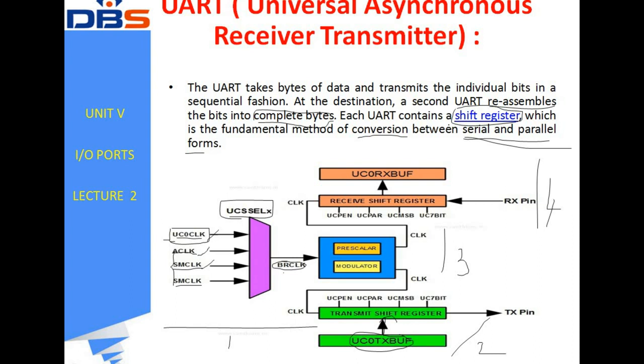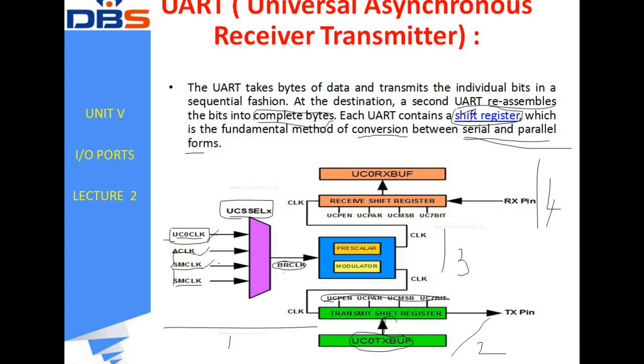As already mentioned, each UART contains a shift register, which is a fundamental method of conversion between serial and parallel forms. That means it is to be transmitted serially, or received in parallel.